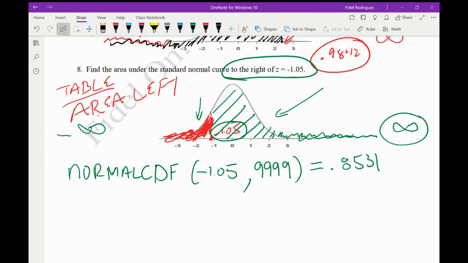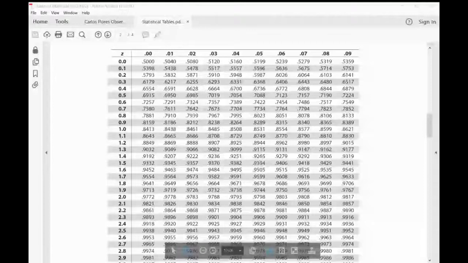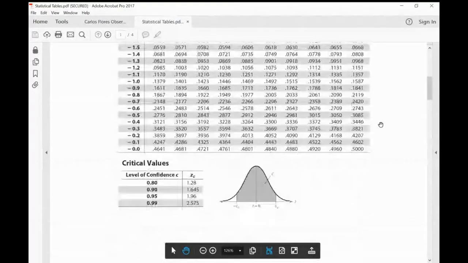So let me go to my table, and remember the number that I'm looking at here is a negative 1.05. That's the number that I want to use on my table. So I'm going to stop sharing this part here. I'm going to come back to my table. And the number that we said that we were interested in was a negative 1.05.